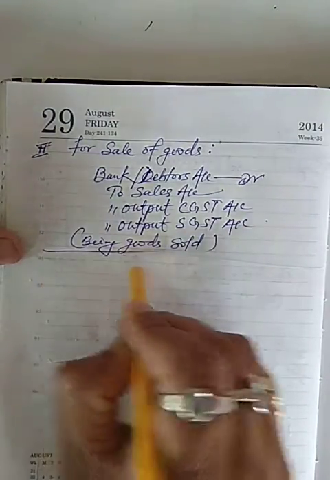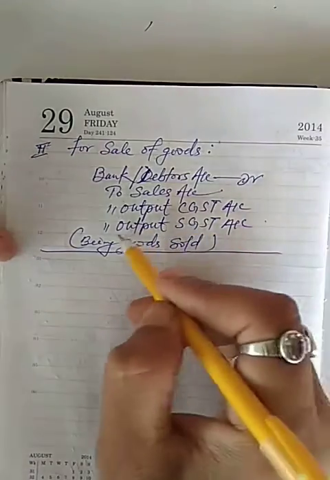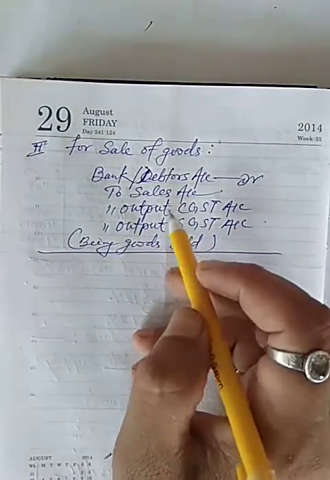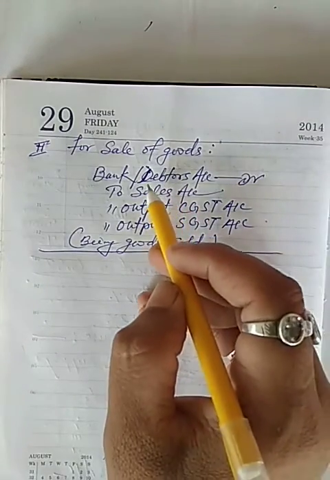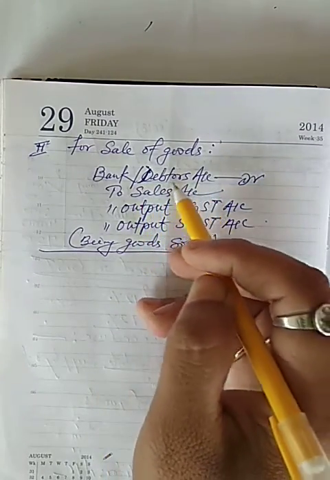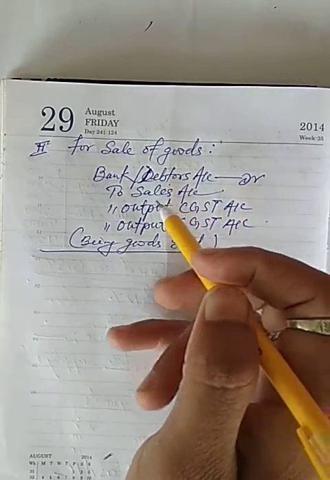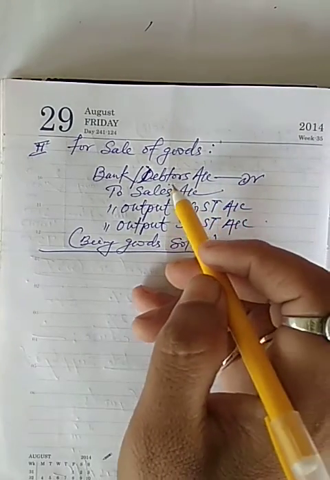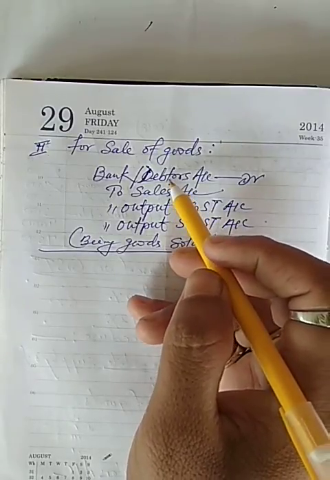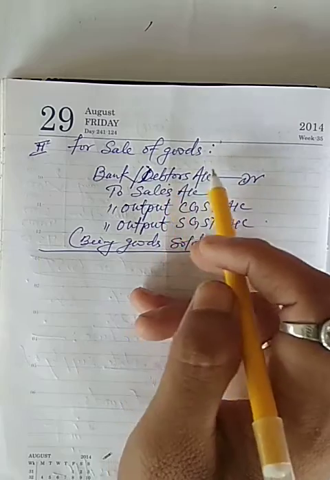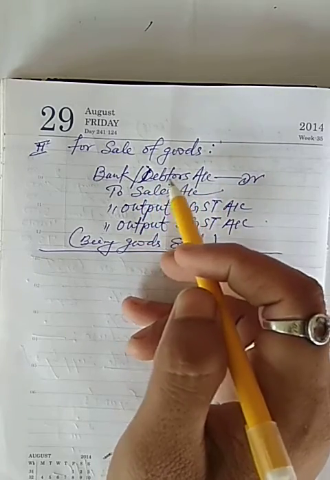So this will be the journal entry. In case of goods sold on credit, it will be debtor account debit, because the one to whom we sold goods on credit is known as our debtor. We all know about it.